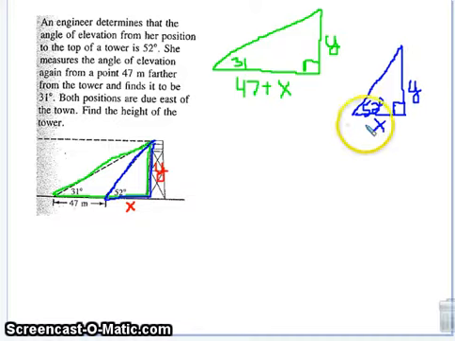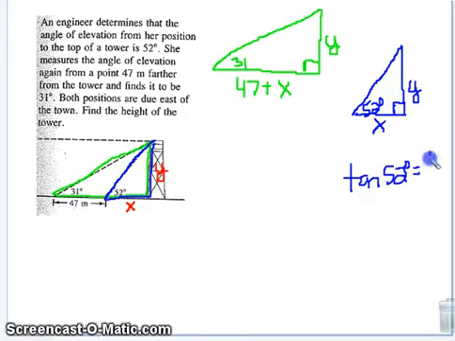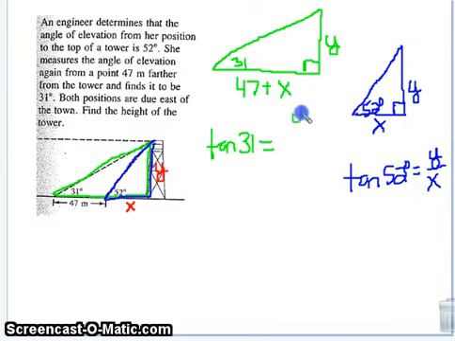So if you set yourself up, which one of our trig functions are we using? Opposite and adjacent. This is the tangent of 52 equals y over x, and this is going to be the tangent of 31 equals y over 47 plus x.